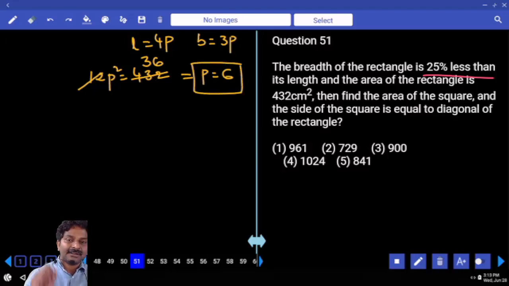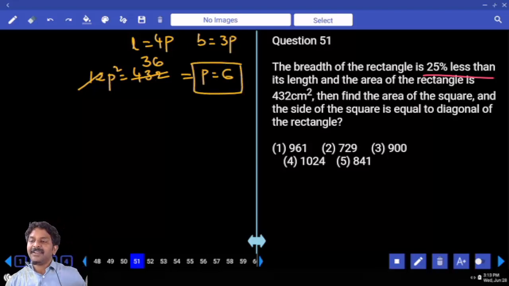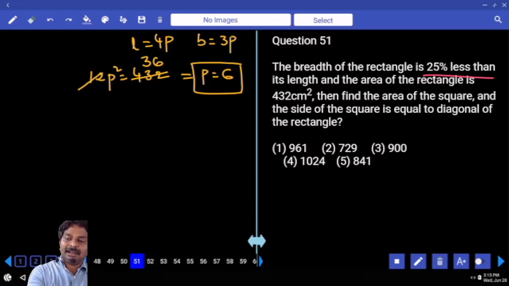This is concluded. Then find the area of the square, where the side of the square is equal to the diagonal of the rectangle. Diagonal of the rectangle is under root of L square plus B square, and that is equal to the side of the square. That means A is equal to under root of L square plus B square. What is L? 4 parts.